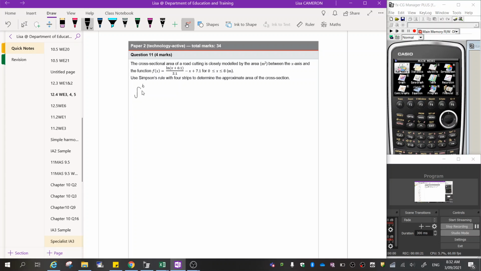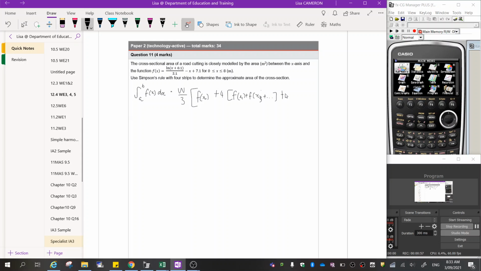So it's the integral from a to b of f(x) dx is equal to w over 3 bracket f of your first term plus 4 times bracket f(x1) plus f(x3) plus all of the odd terms.